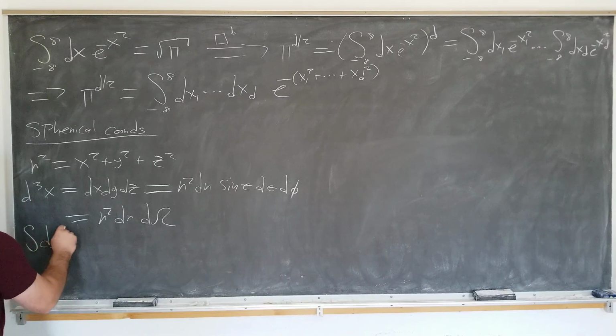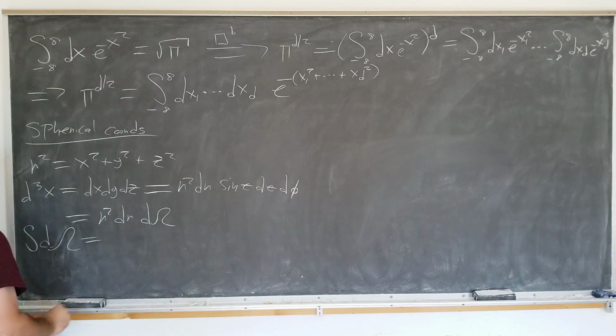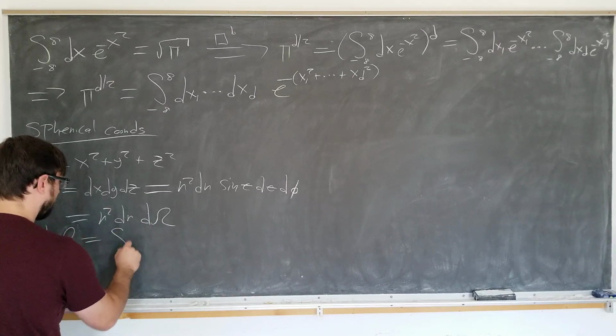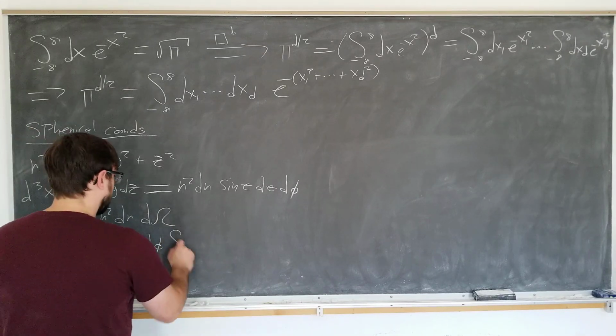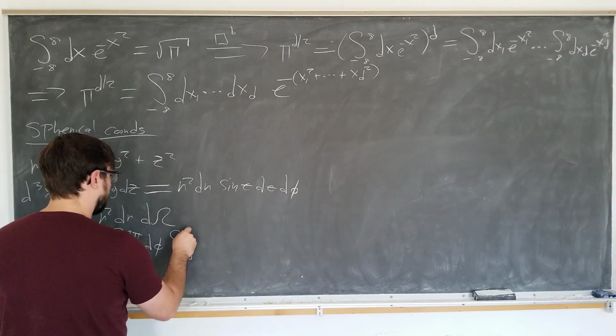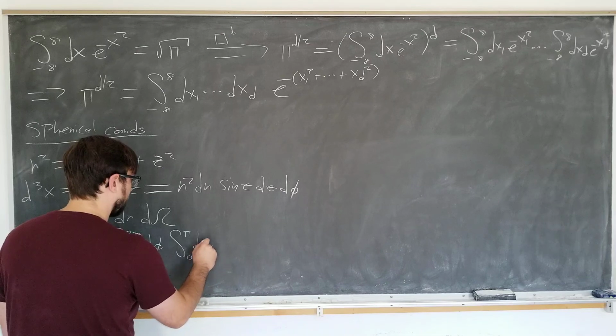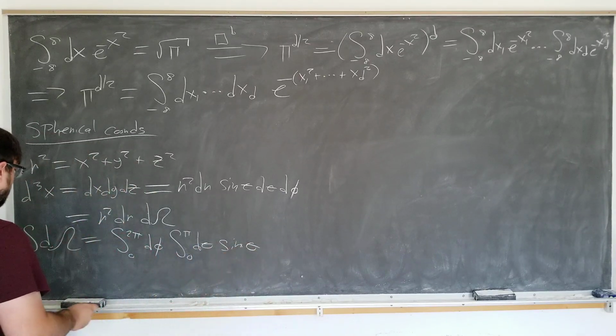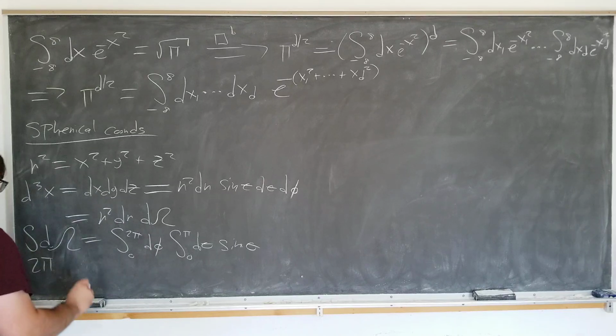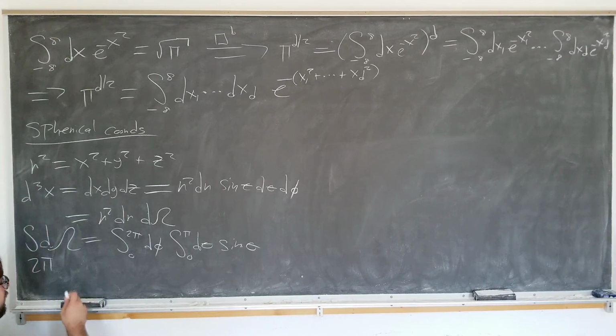So the integral of d omega is equal to, well, you have phi going from 0 to 2 pi, integrating itself. Now you have the theta integral going from 0 to pi, integrating sine theta. And we get 2 pi times, well, the integral of sine theta is minus cosine theta.